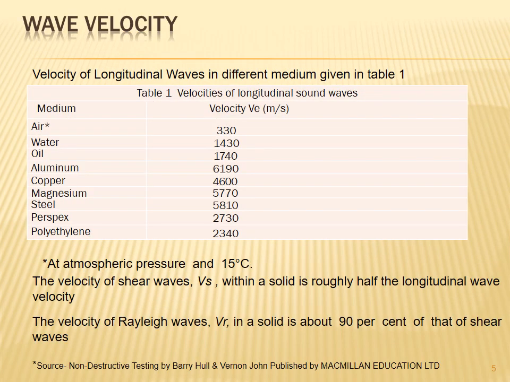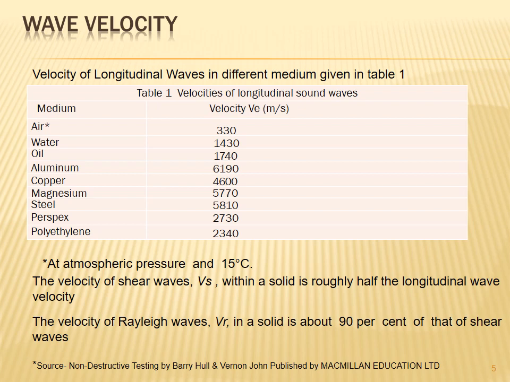In the previous slide, we saw the different types of waves generated or propagated in a solid medium or in a fluid. In that slide, you can see there are different values of velocity corresponding to their medium; for longitudinal sound waves they are given at atmospheric pressure and 15 degrees centigrade temperature.